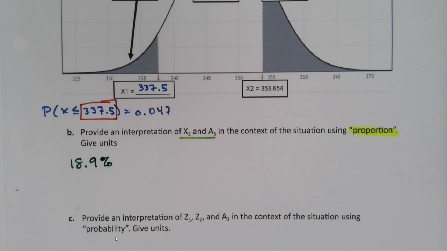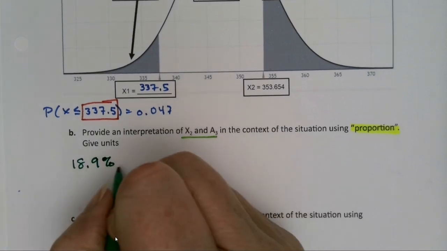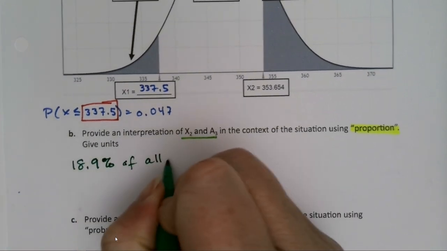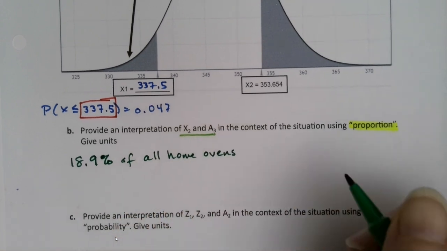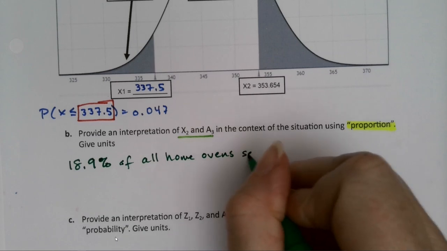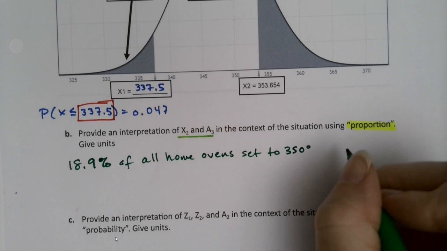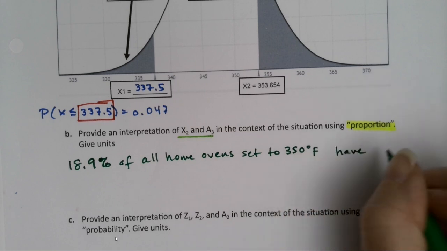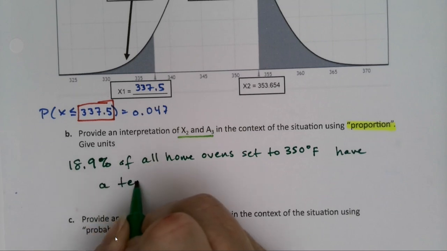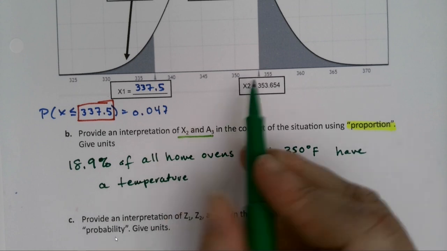And then what was this? Ovens, of the ovens? Right, of the ovens. Of all home ovens that are set to 350 degrees Fahrenheit will have temperatures more than, right?